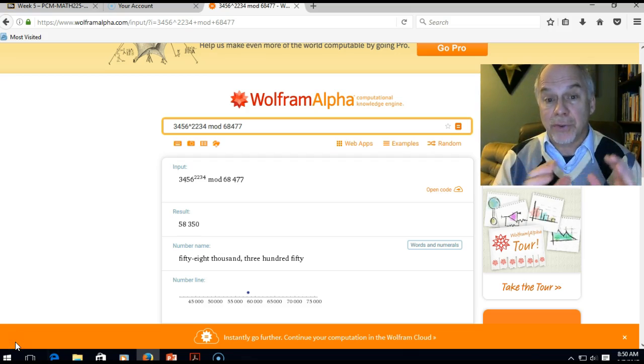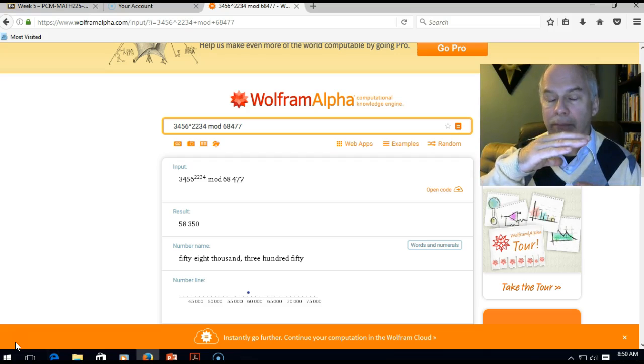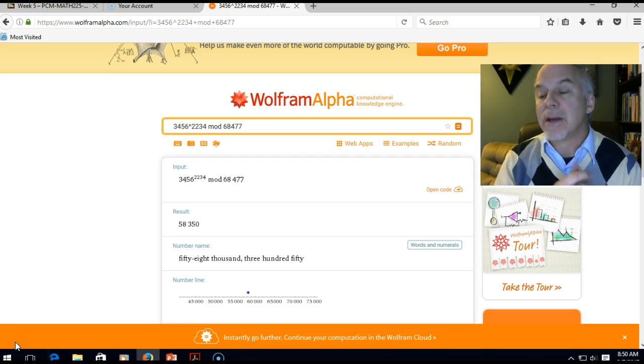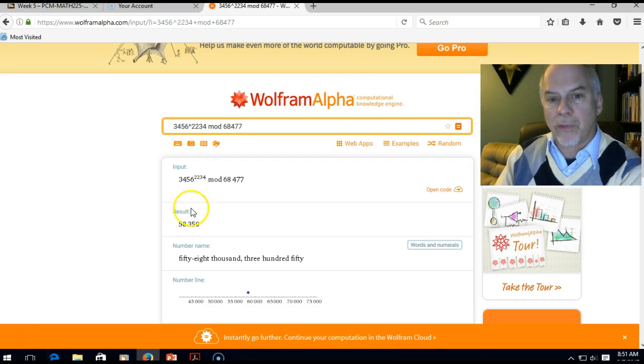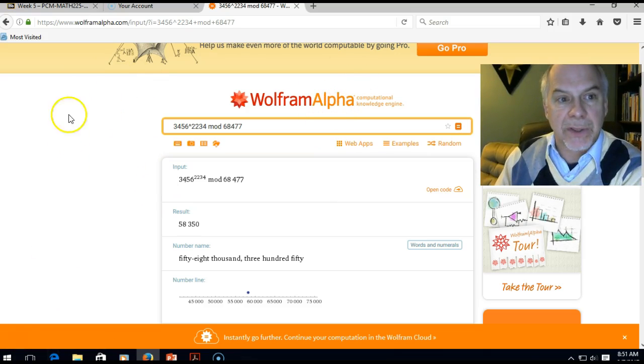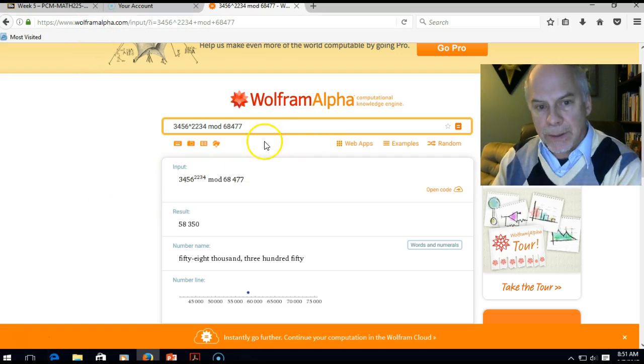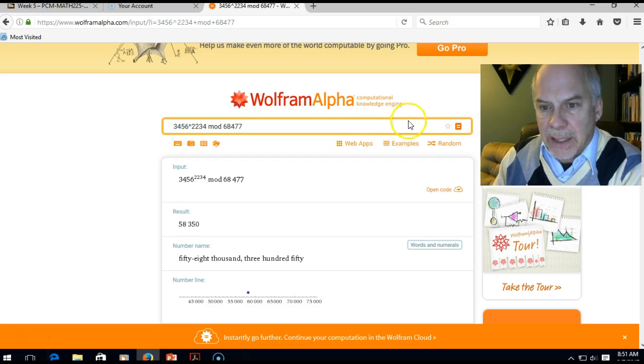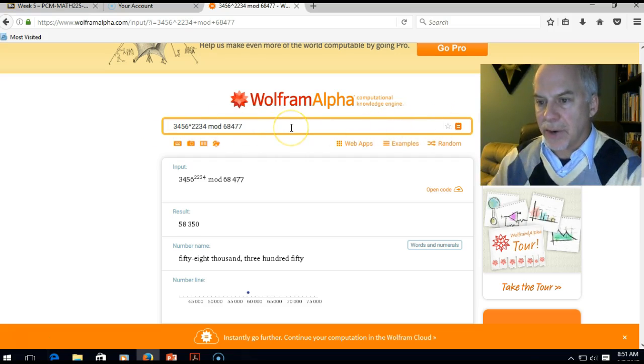Okay, let me show you an online power mod calculator. There's a few other online power mod calculators, but with Wolfram Alpha, if you just type wolframalpha.com, it gives you a line where you enter some command to calculate.